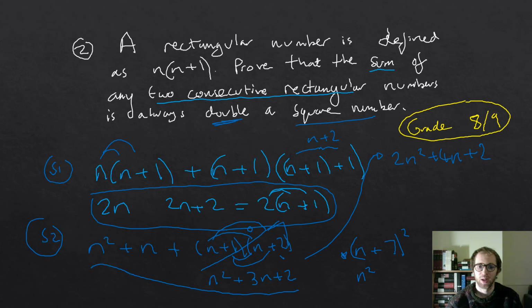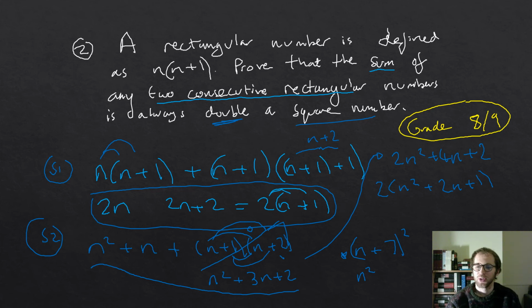Okay. Now for it to be double some number, we want to factor out 2, so that step's a little bit easier. I can see that I can factor out 2 straight away, like so. So I've now got that it's double a number, n squared plus 2n plus 1.